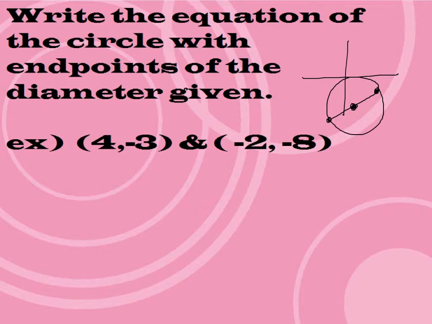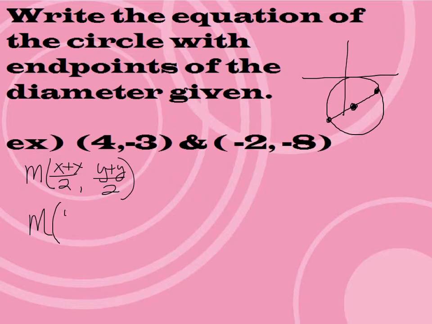So remember, to find the midpoint, you add your x's, divide by 2, add your y's, divide by 2. So that's what I'm going to do with these 2 points. Add the x's, so 4 plus negative 2, and then divide that by 2, and then I'm going to add my y's and divide by 2.